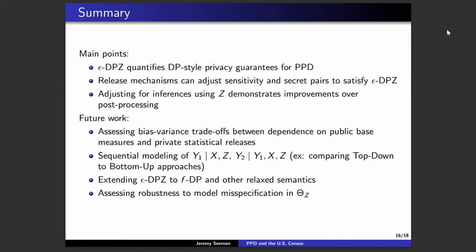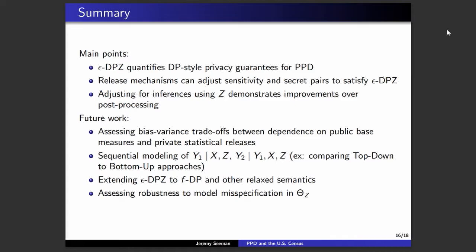We also talked about the way in which adjusting these inferences using Z conditionally instead of based on post-processing can yield both analytical and computational improvements. And there are a lot of different methods and follow-up work that could be done here from a technical perspective. There's an interesting bias variance trade-off induced by the modeling that comes from our choice of base measure. There are interesting ways of doing finite sample analysis. Yesterday we saw a lot of comparisons of top-down versus bottom-up approaches.